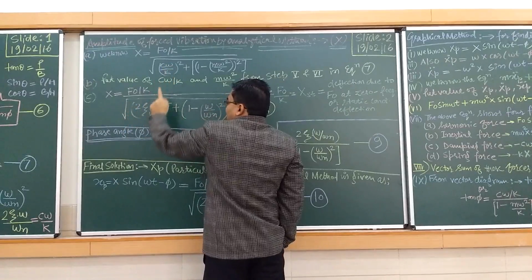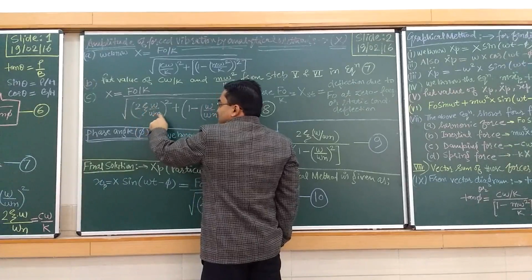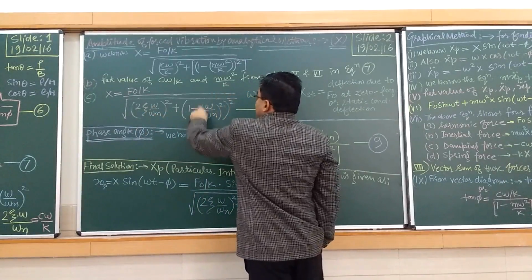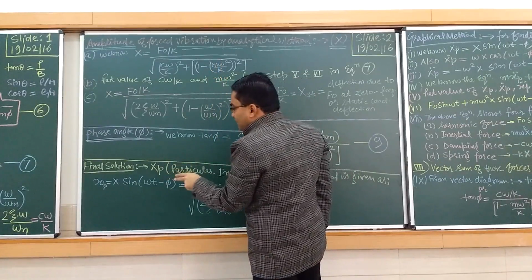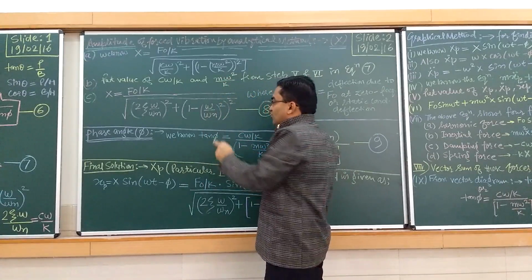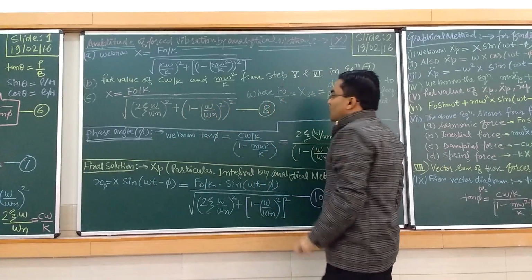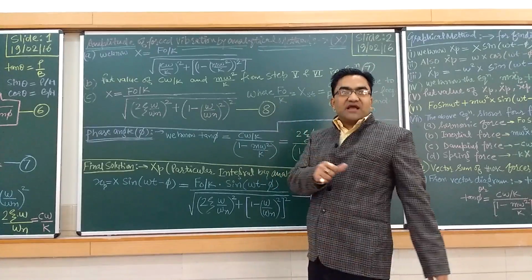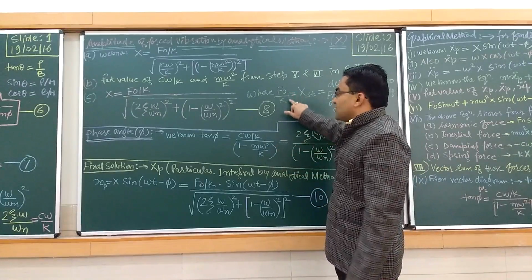So C omega upon K I have already found as 2 zeta omega upon omega n, plus 1 minus m omega square upon K, which I have just calculated: m omega square upon K is equal to omega upon omega n, the whole square. So putting this value, another term also gets introduced. What is that new term? The new term is f naught upon k.